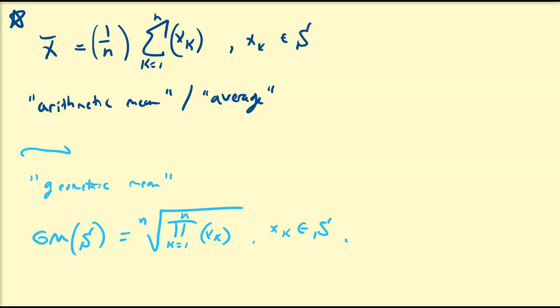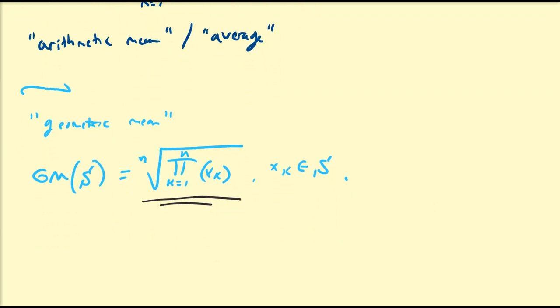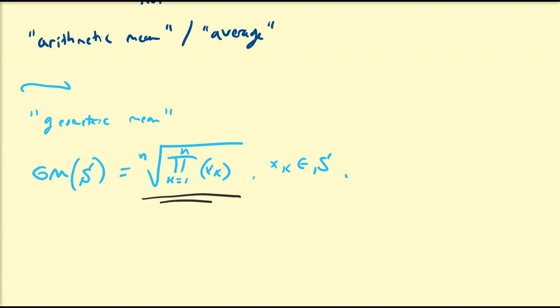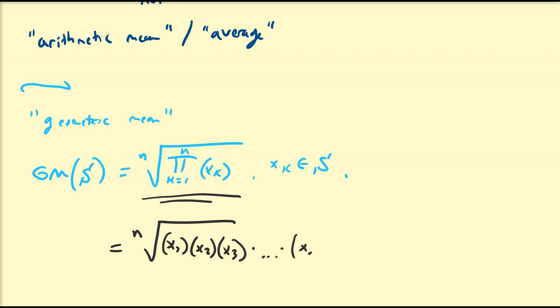So before we get into the calculation, I just want to make sure that this notation that we're using here is familiar to the audience. What this capital Pi means is the product, sort of like capital Sigma means sum. So we can rewrite this as the nth root of x1 multiplied by x2 multiplied by x3 times up to xn.